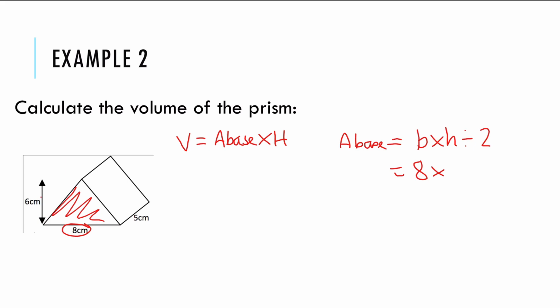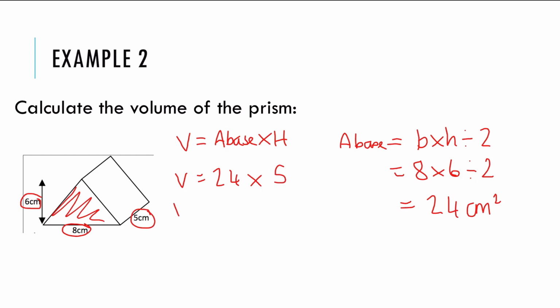The height of the triangle is 6. And since this is area we're calculating at this point, our unit should be centimetres squared. Popping that back into my original formula, I've got 24 times the height of the prism, which is the stretch, is 5. So my volume is 120 centimetres cubed.